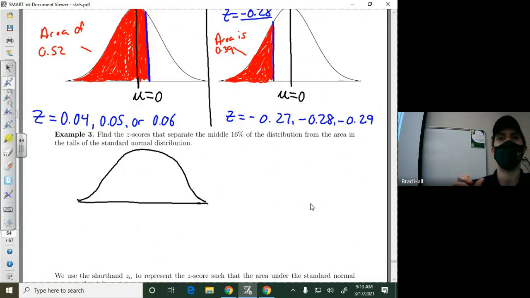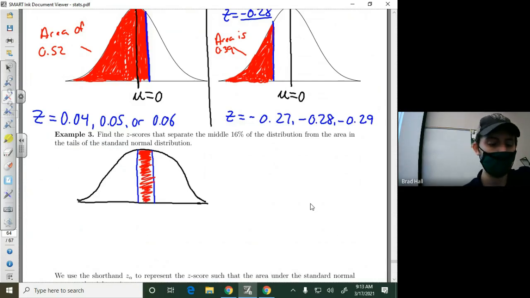The middle 16% is going to be, well, let's just draw out something that visualizes this. Say, here's the middle 16%. Right here. So let's say that this area is the middle 16%.